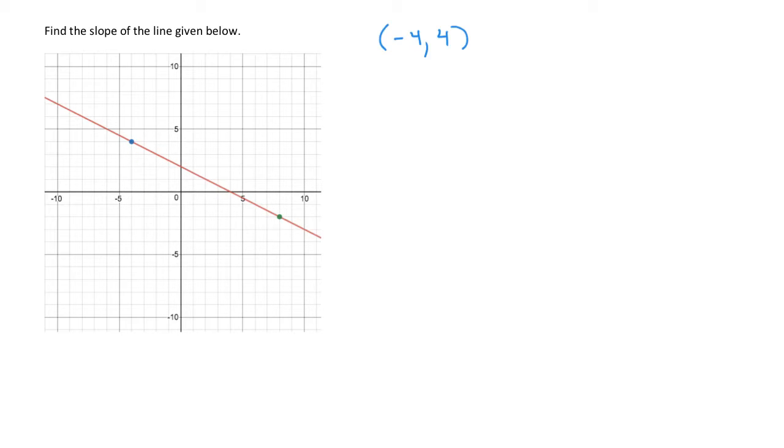The other point, the one that's green, looks to be (8, -2). So you would go over 8 and down 2. I think I'll label these again. This is x1, y1, and this is x2, y2.